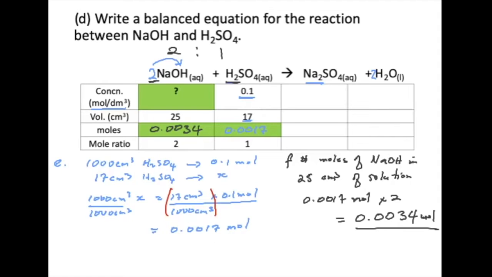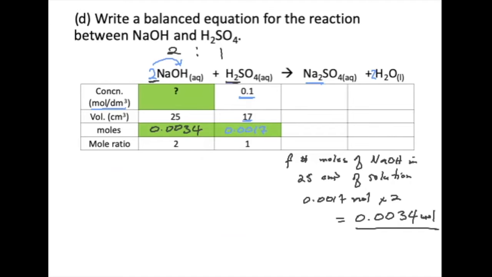And we look to the next question, that is G. G is asking us to calculate the concentration of the sodium hydroxide in moles per dm cube.